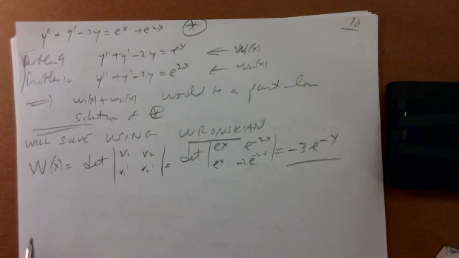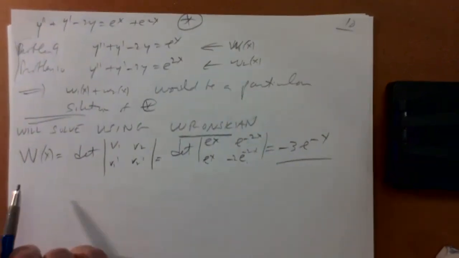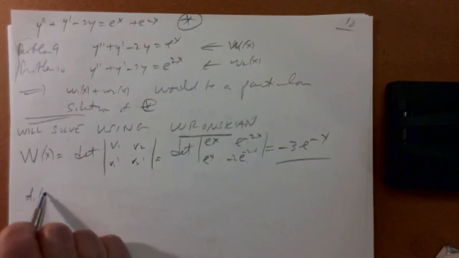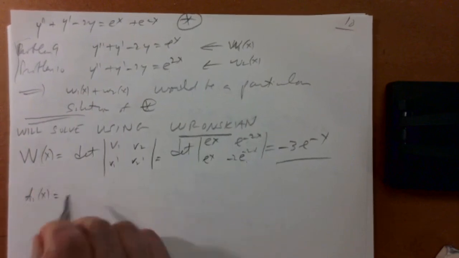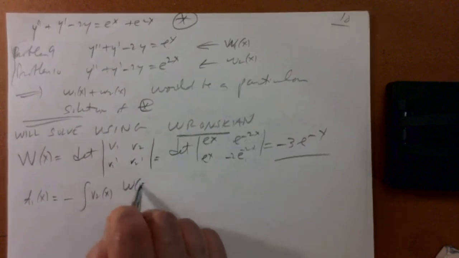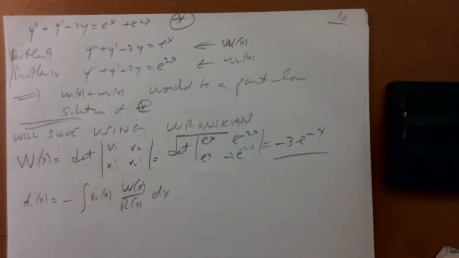So remember, for the particular solution, I need to find these functions that in the text are called T1 and T2. T1 of x is minus the integral of v2 of x, R of x over the Wronskian, dx. R of x is the right-hand side of the equation.